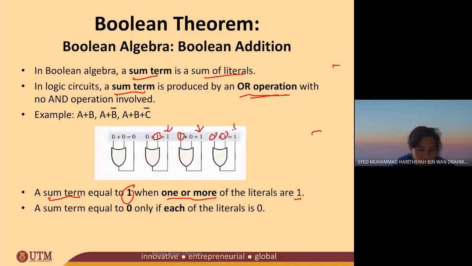A sum term is equal to 0 only if each of the literals is 0. Each of the literals means each of the inputs is 0. So here the output is 0. So this is just a sentence to represent what is called the Boolean addition.